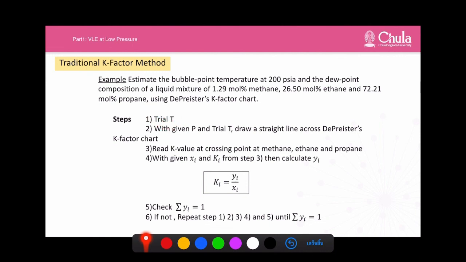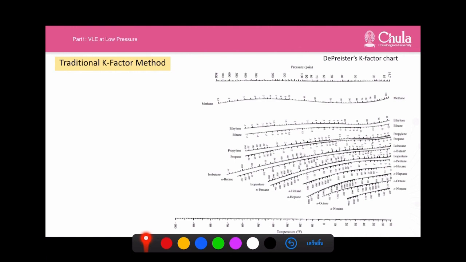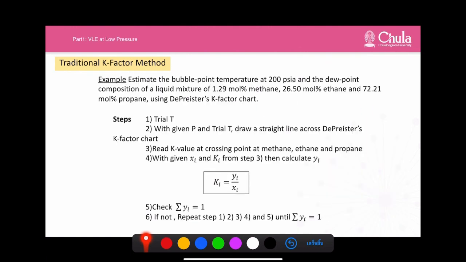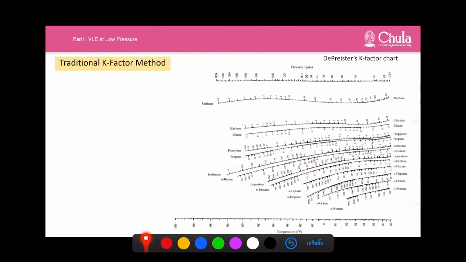And T we try first, and then from this chart we draw a line from P and trial T. Okay, and we read K for each, well, what is it? Methane, ethane, and propane, right? You draw a line first and then read the K-factor of methane, ethane, and propane.